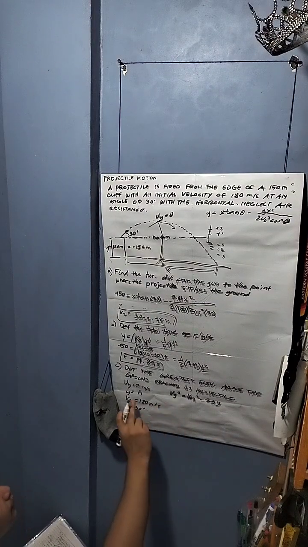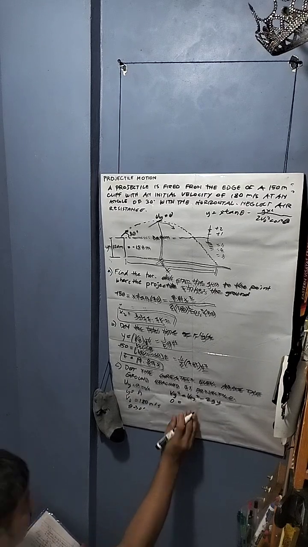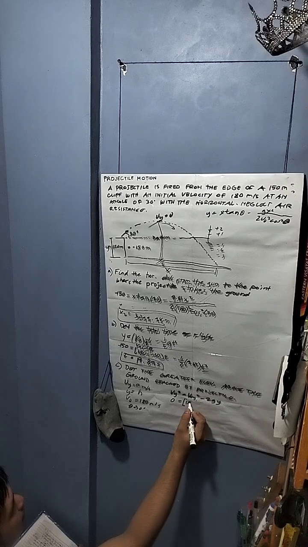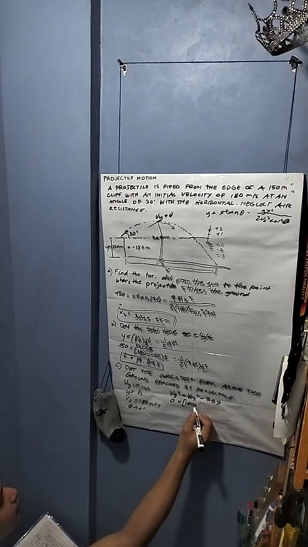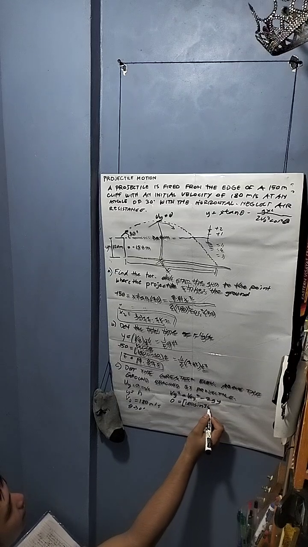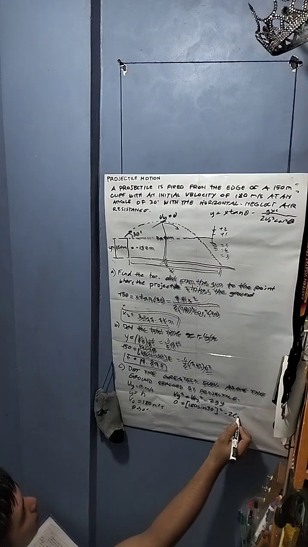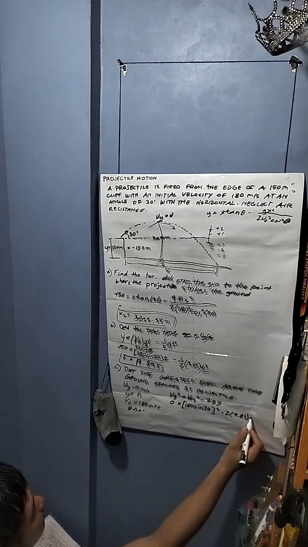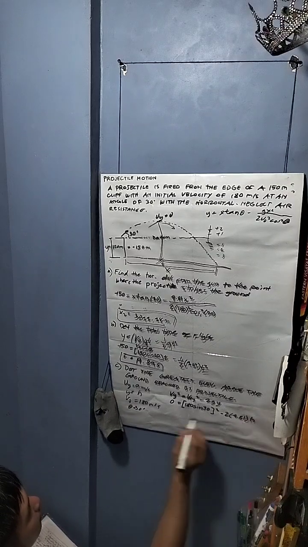We know that our Vy is 0, and our V naught y is 180 sine 30 degrees, squared, subtracted by 2 multiplied by gravity 9.81, and the y, which is equal to h.